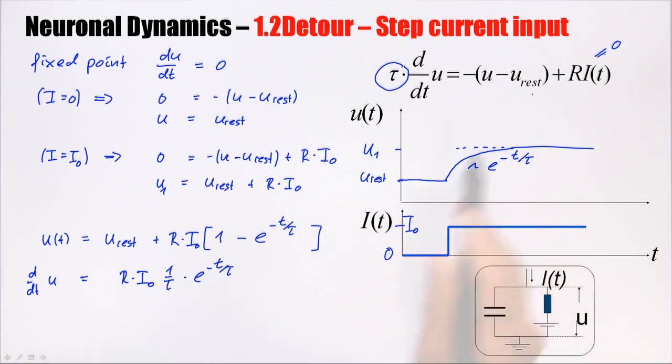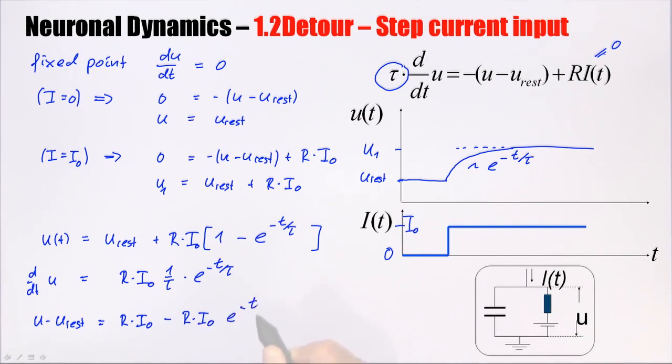We have to compare this with the differential equation up here. So I have u of t minus u rest is r times I0 minus r times I0 e to the minus t over tau. u of t is this. I subtract u rest.